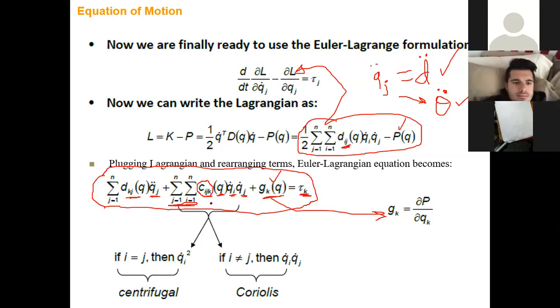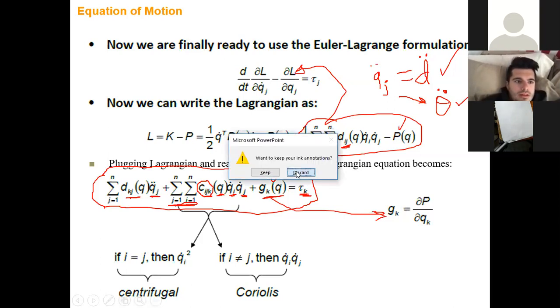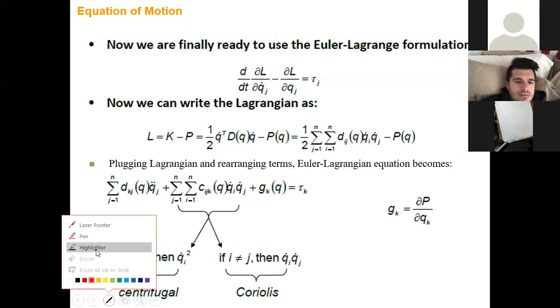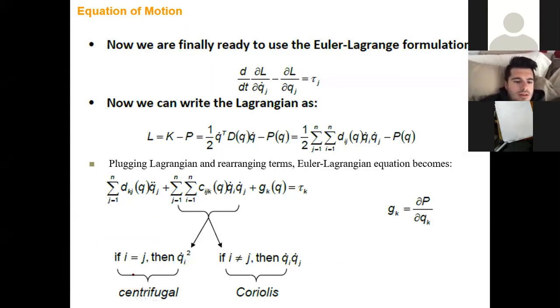Now let me introduce some terms here. When you keep plugging in j equals 1 and i equals 1, at some point you will have the situation where i equals j.